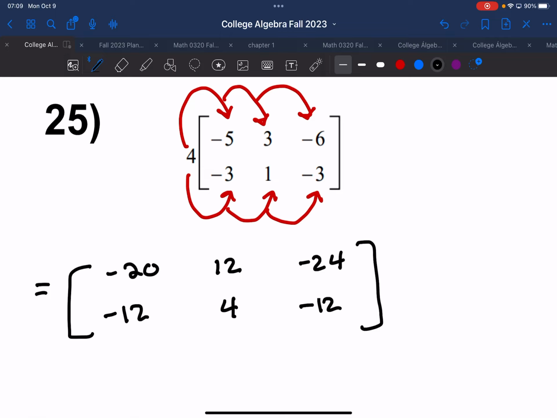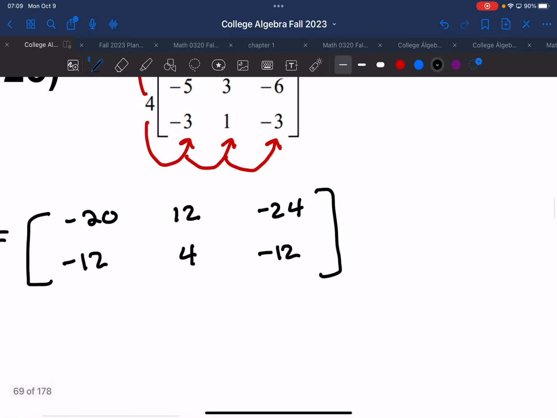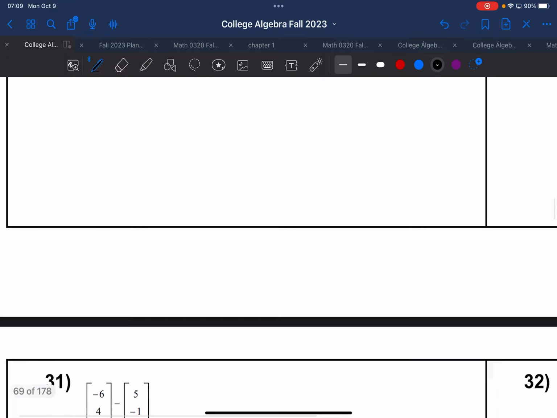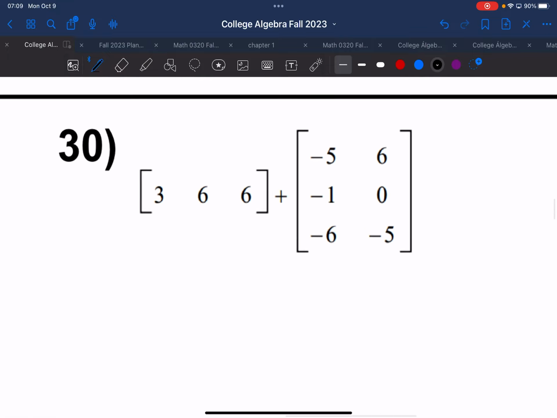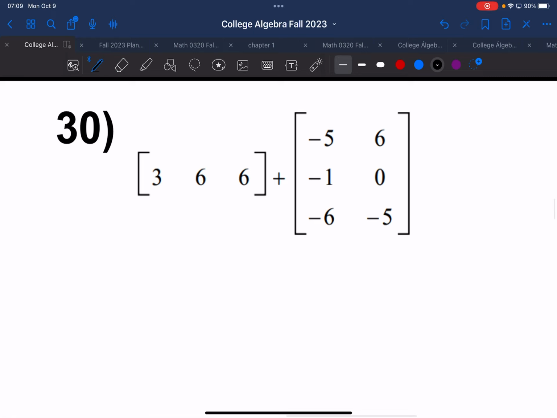Okay, and then the last one we're going to look at is number 30. So again, try this one on your own and get an answer. So you should be checking the dimensions first before trying to add.